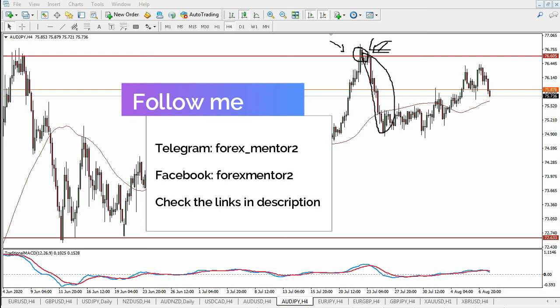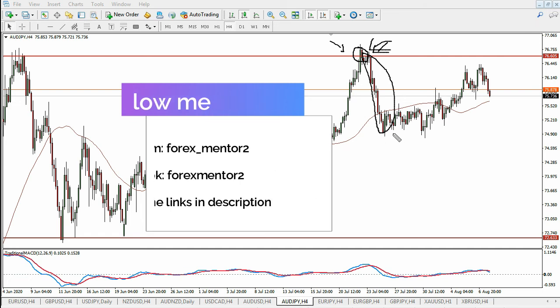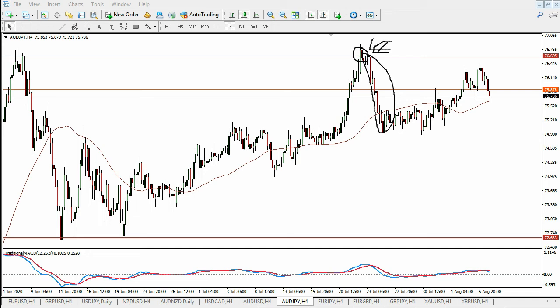After achieving a good amount of profit, I also added this analysis in my previous weekly forex forecast video, and I told you that we might see some corrective structure over here before going downwards, and the price was moving as we expected. So what will be the next move?